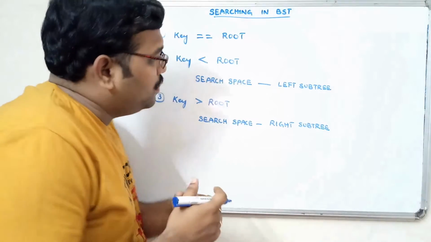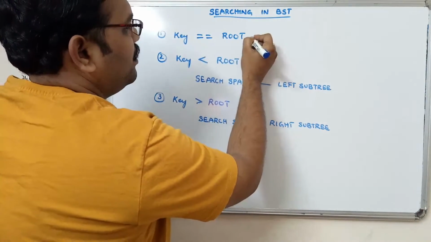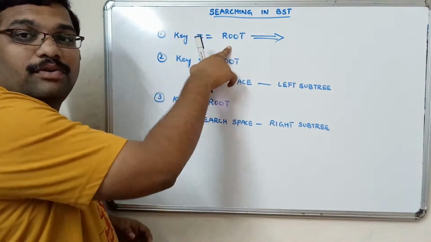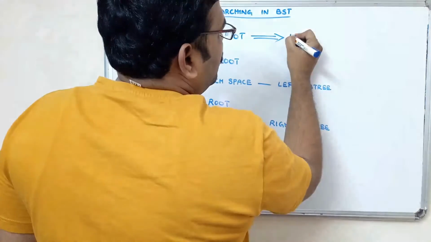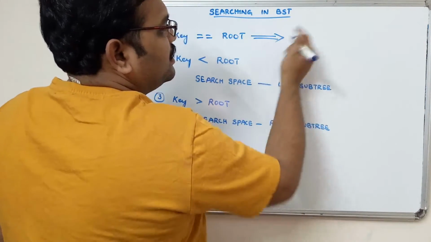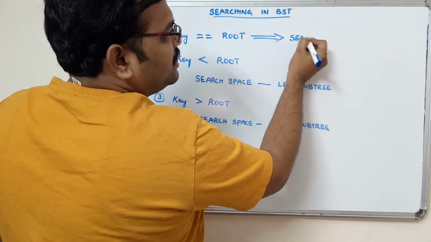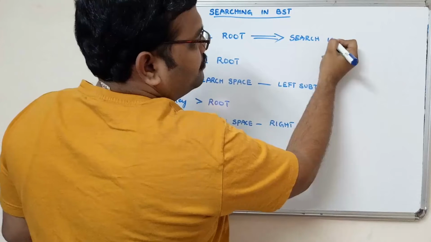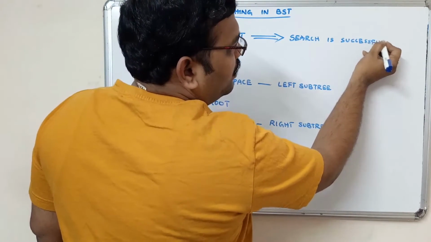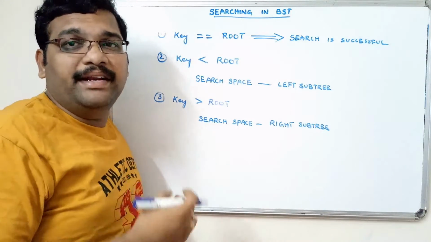Here, if it satisfies key is equal to root, then we have to return search is successful, right? Search is successful means the element is found in the binary search tree.